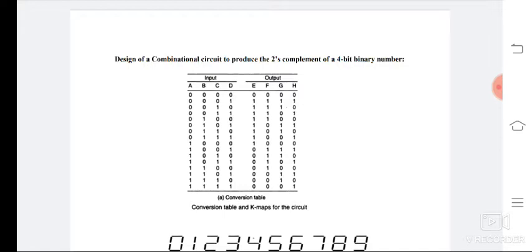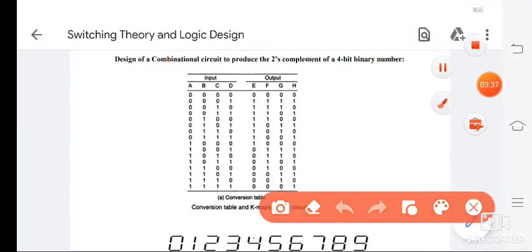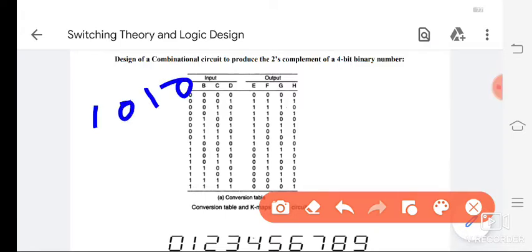So I will tell you another one. Take one more 4-bit binary number: 1 0 1 0. First convert it into the 1's complement, that means 0 1 0 1.